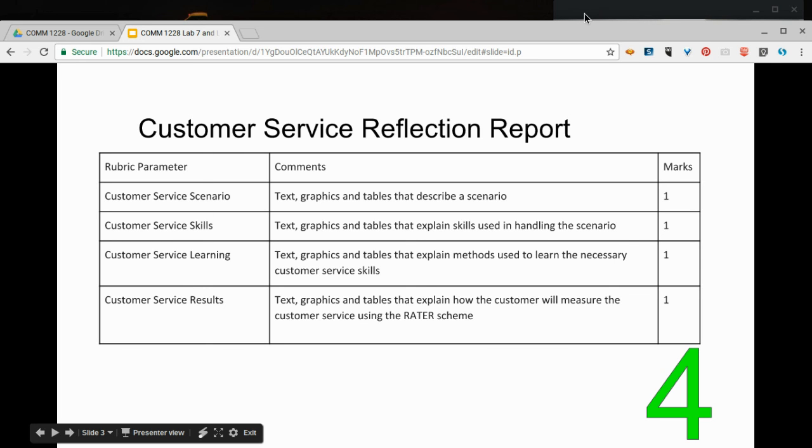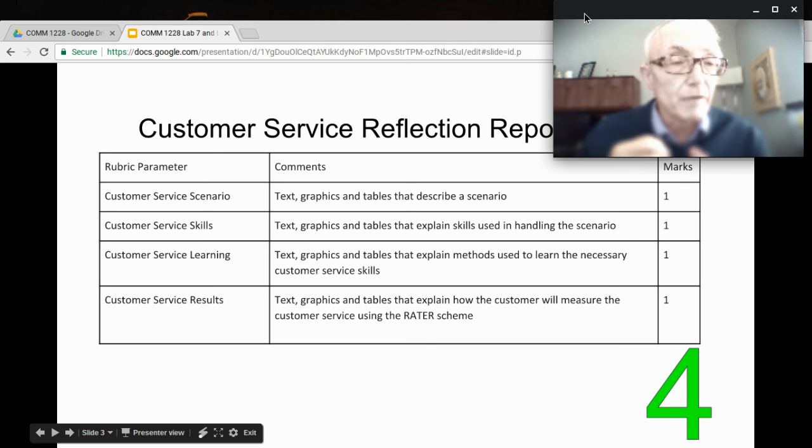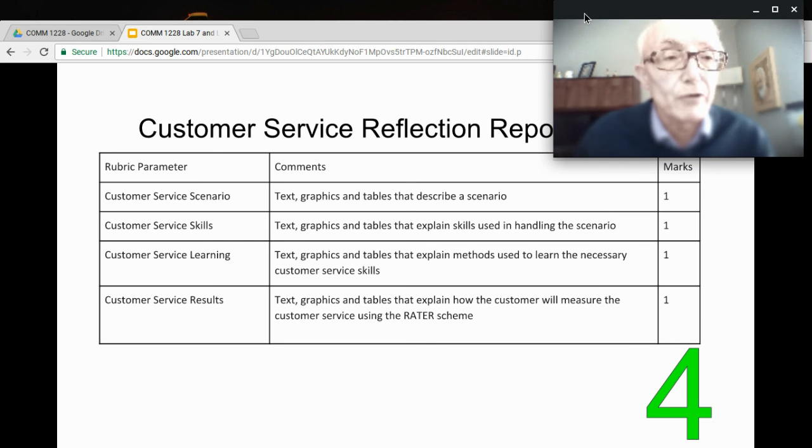Well, I am pleased that we're able to do this particular 10-point lab exercise online, and I'm sure I can expect some very good emails.